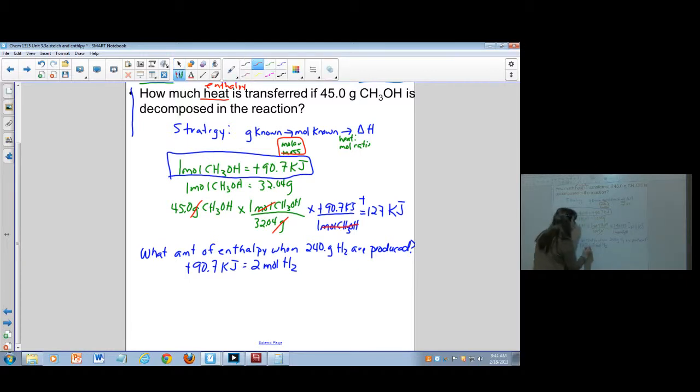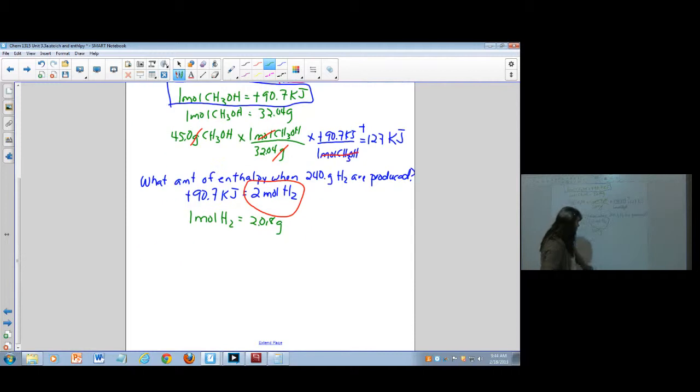Now, there's no place that shows you this. You have to be able to do this on your own. Okay, and we also know that 1 mole of hydrogen is 2.018 grams. So now we're ready to answer this question. Okay, but it's important on this mole to heat ratio that we're thinking about, because now we have the 2 moles to deal with. All right, so we are starting with 240 grams of hydrogen.